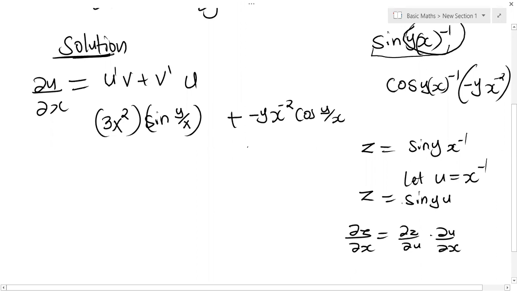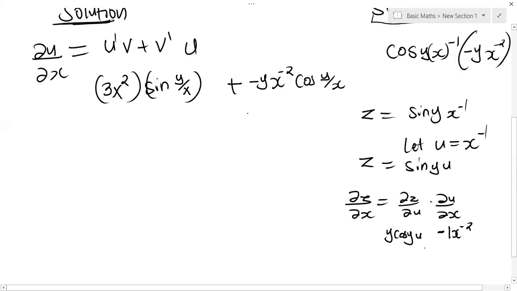So what is del z del u? Del z del u with respect to u will give y cos yu. And what is del u del x? This is u with respect to x, which will give minus 1 x raised to power minus 2.